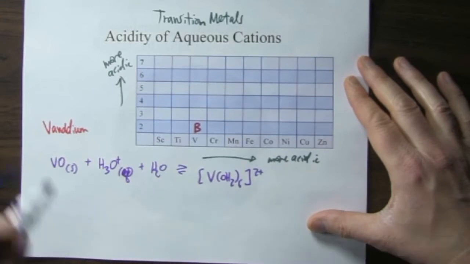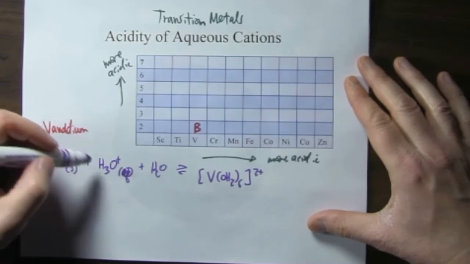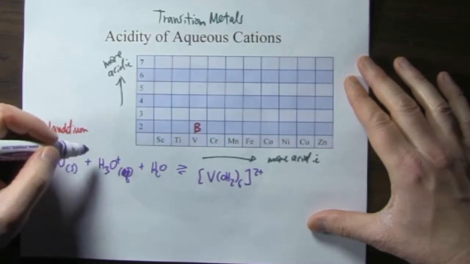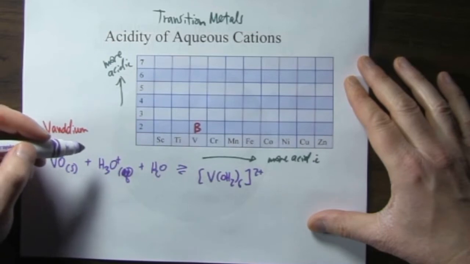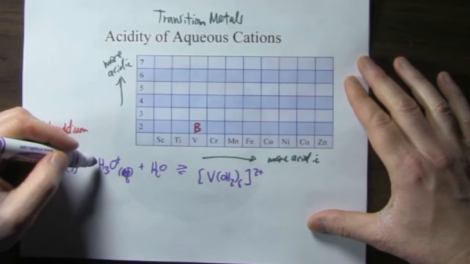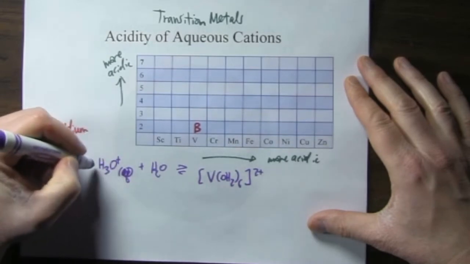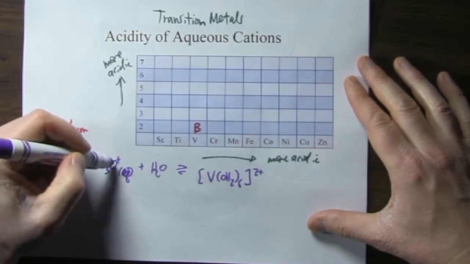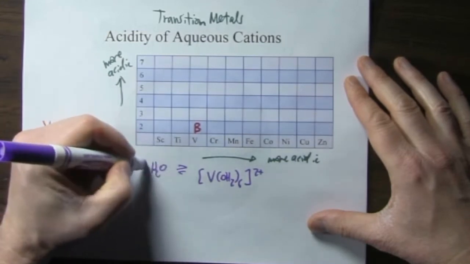And could balance this here. 3 of those. So we need 2 of those here. And then that leaves 1, 2, 3, 4, 5, 6, and 3 waters.